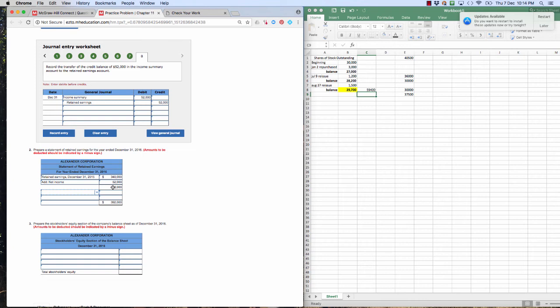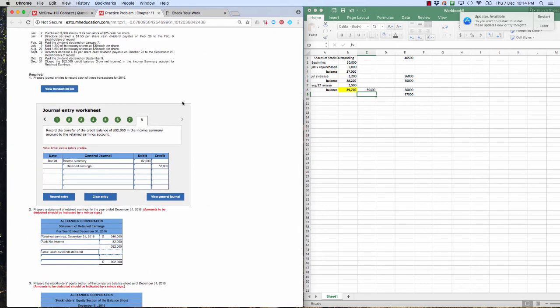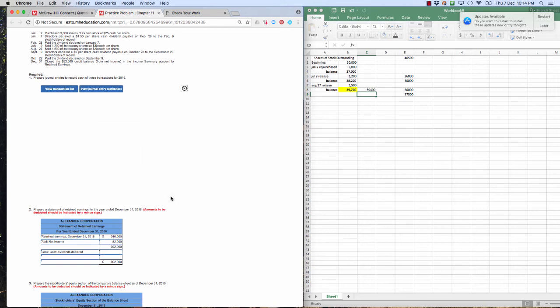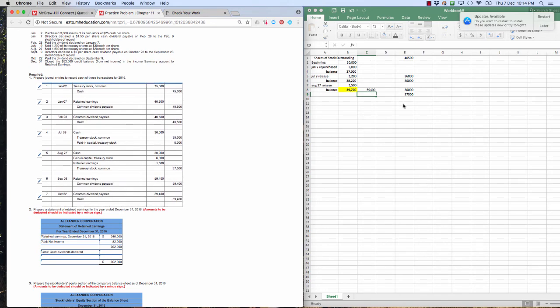And then the last 2 things that we need to deal with here, the things that influence retained earnings, are our dividends, because net income that goes to dividends doesn't go to retained earnings. So we're going to subtract, type in, less dividends declared, and all in total, we declared dividends of $40,500 and $59,400.